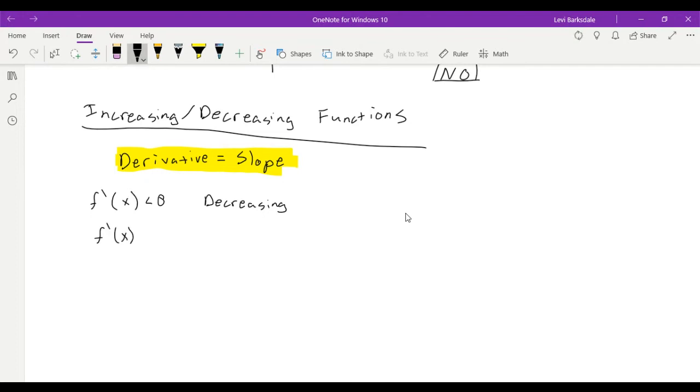If our first derivative is equal to 0, it is constant. And if our first derivative is greater than 0, it is increasing because it has a positive slope.